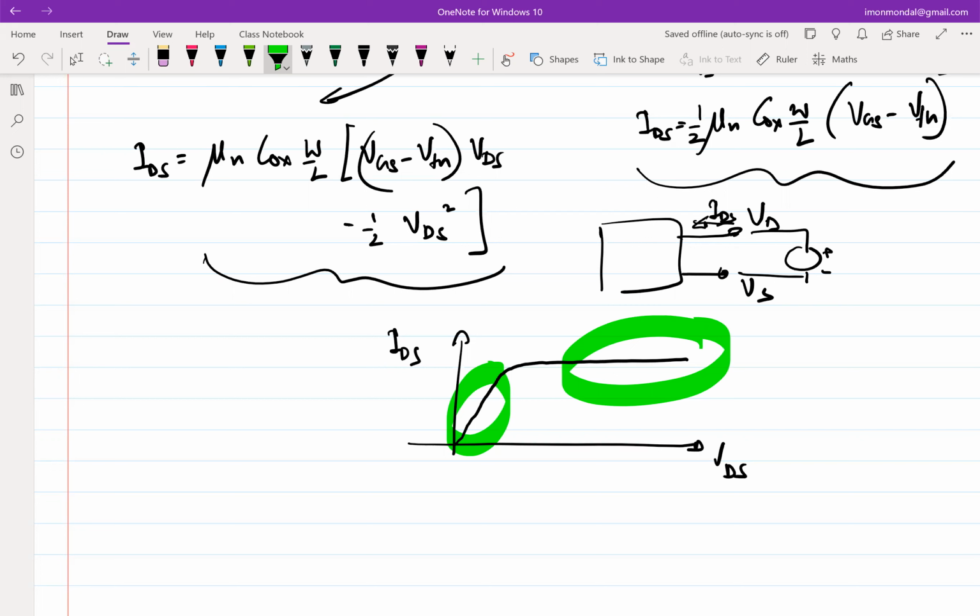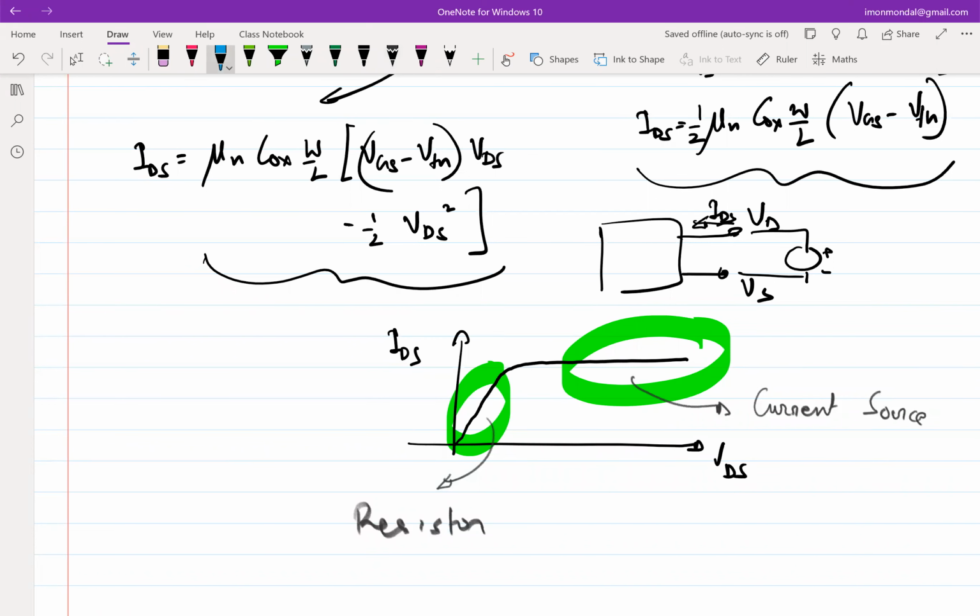Which essentially means that here my device is behaving like a current source, and here my device is behaving like a resistor.